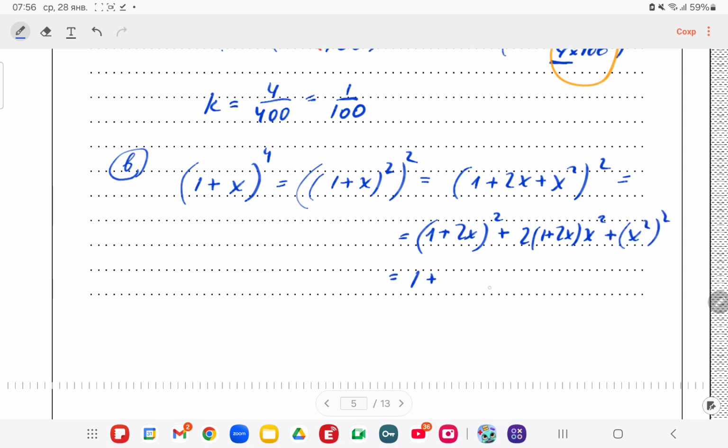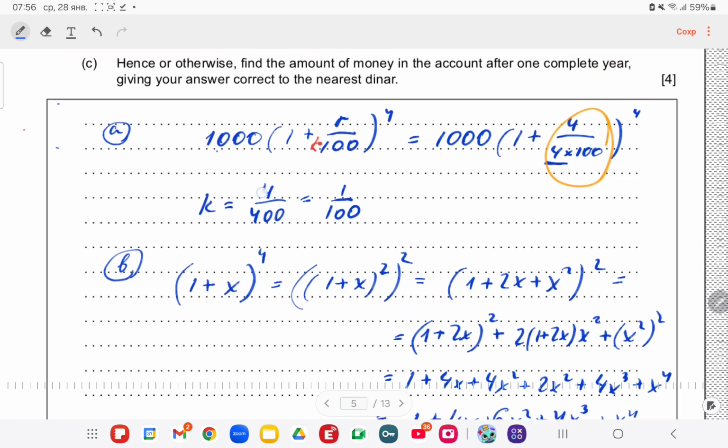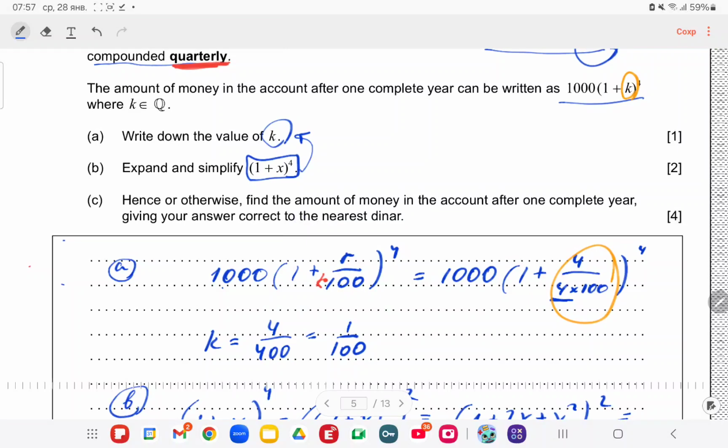Now let's open all brackets. 4x plus 4x squared plus 2x squared plus 4x cubed and plus x to the 4. And finally, after rearranging and combining like terms, we'll get 1 plus 4x plus 6x squared plus 4x cubed plus x to the 4. So this is how we get another 2 marks. Okay, part B is finished.